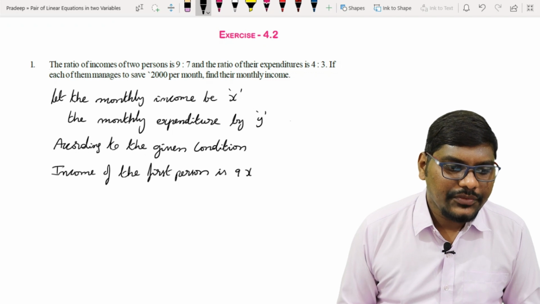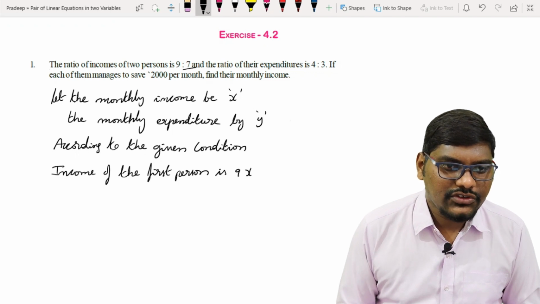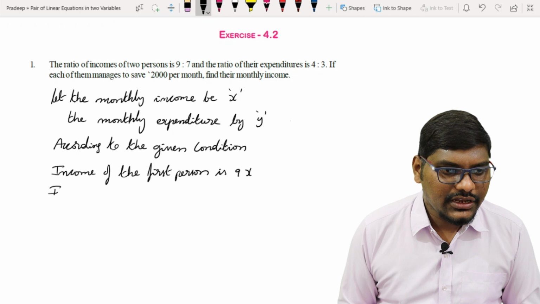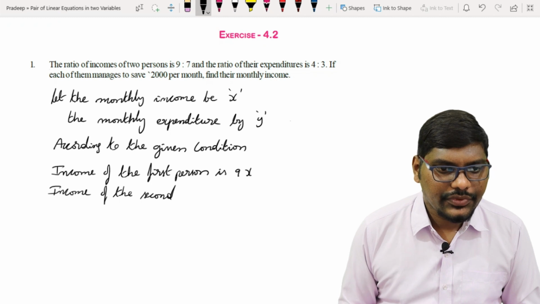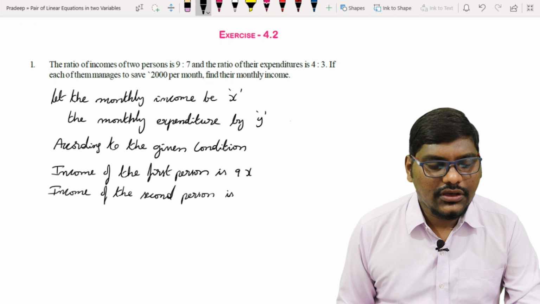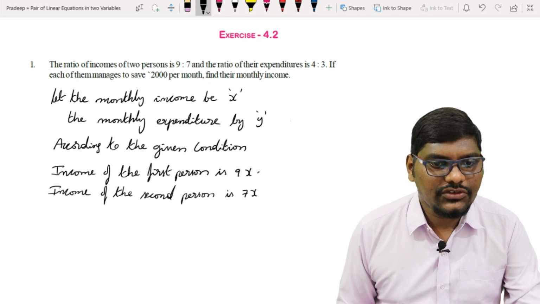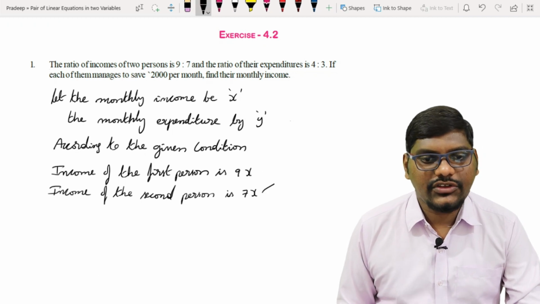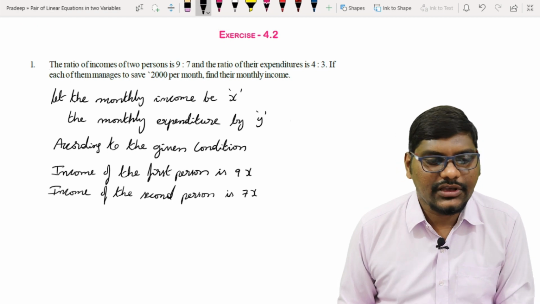In the same way, the income of the second person is how much? That was 7, so I can write the income of the second person as 7x. So income is 9x for the first person, 7x for the second person.